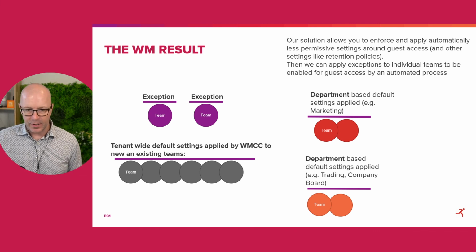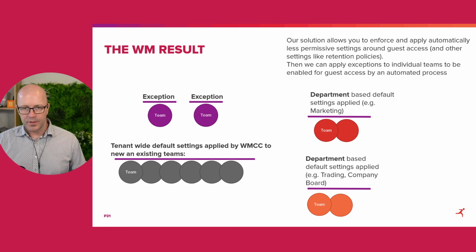As another way of wrapping it up too, you saw in action the solution that we've put together. And so if we cast our mind back to setting those standards of how we expect guest access to work, we can apply that setting and apply it as an exception too.